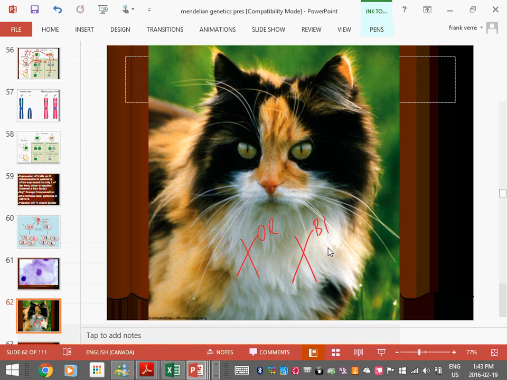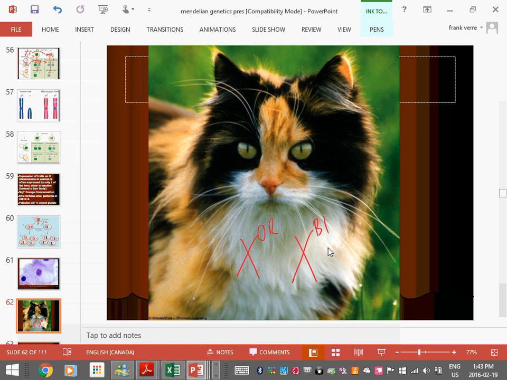It's very simple. One of the 2 gets switched off, right? So as this cat's developing, in the region where the X black is switched off and the X orange is left on, what color will that cat be in that area? It'll be orange.